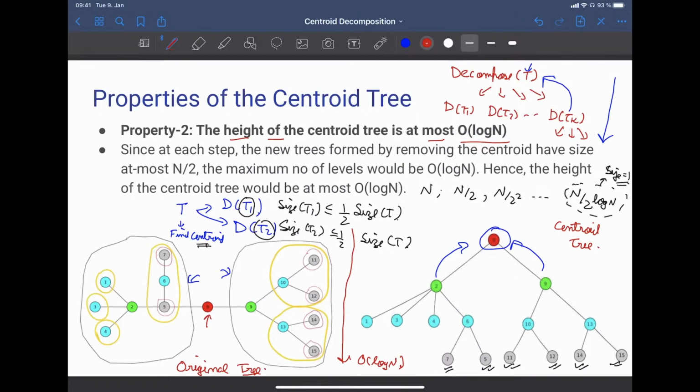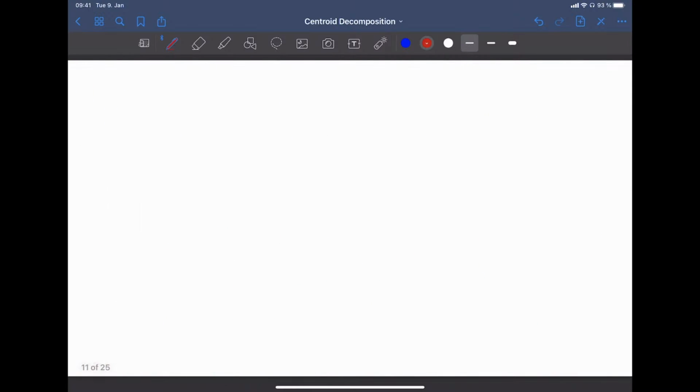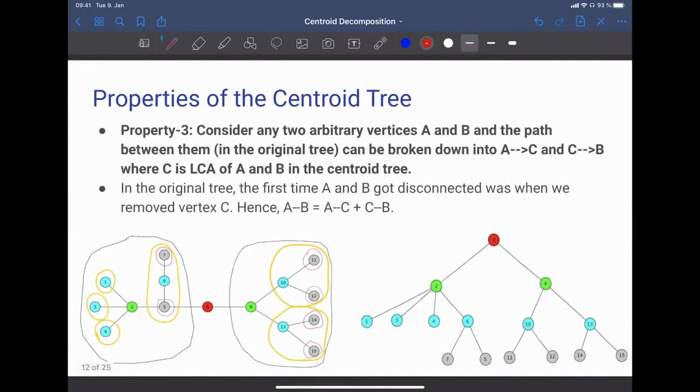That is the definition of centroid: if you remove it, the subtree size will be less than n by 2. Therefore, every time you call decompose on a smaller subtree, the size of that subtree is less than half of the size of the original tree you started with. So you can keep doing this at most order log n times in depth. Okay, so this is clear.